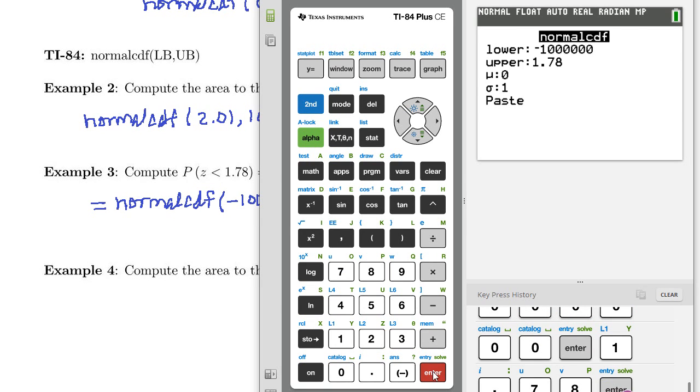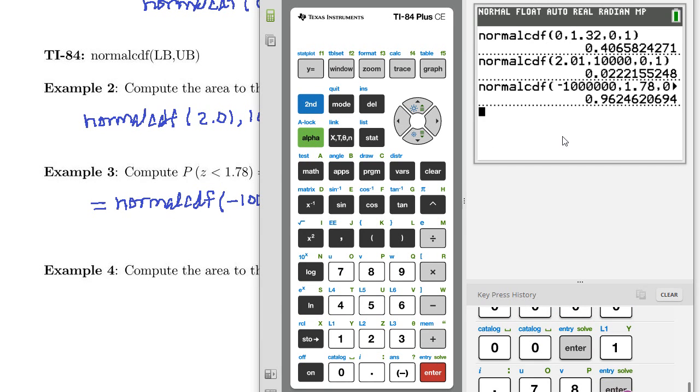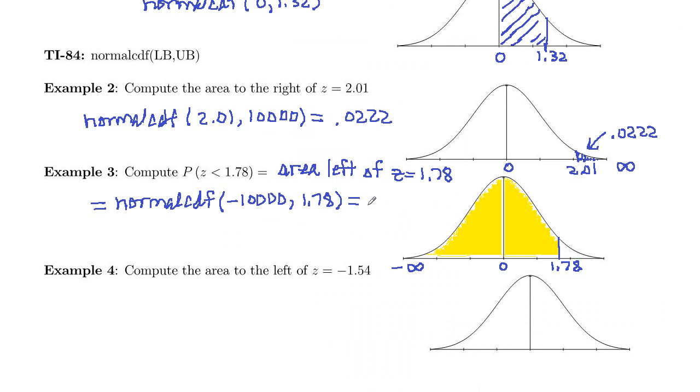And we will paste and enter. 0.9625 to 4 decimal places. So 0.9625 is that area, 96% of the area, but that also means if you pick any random data value, its z-score will be less than 1.78 96% of the time.